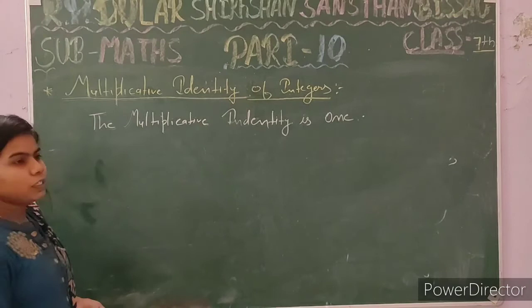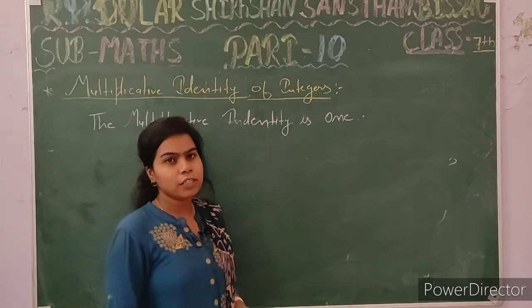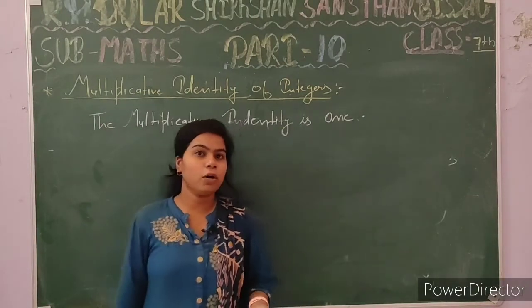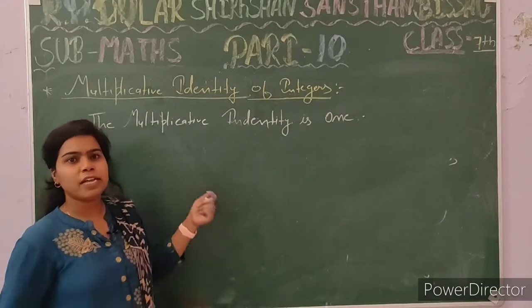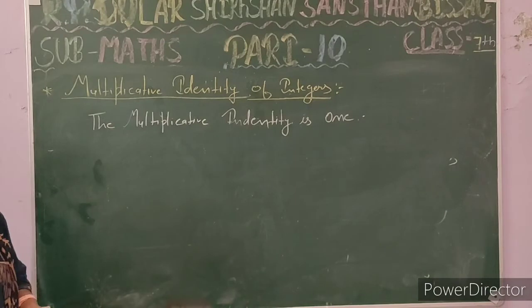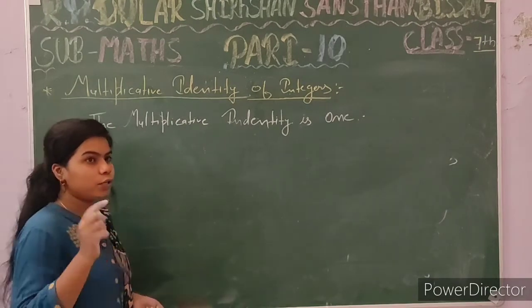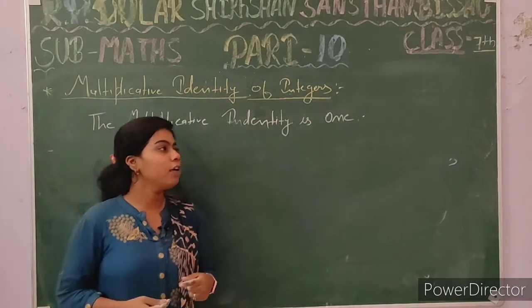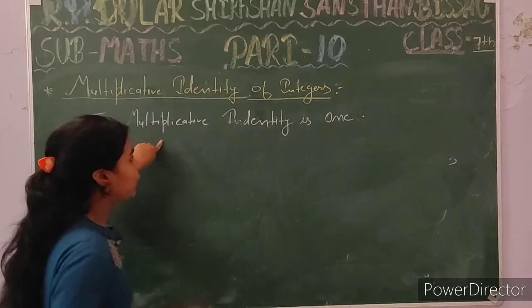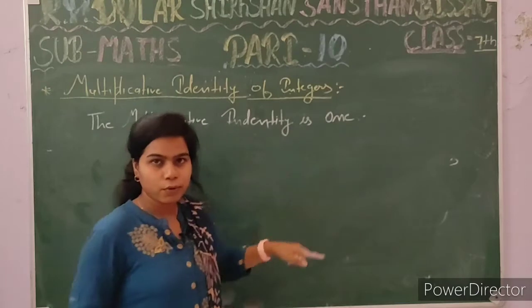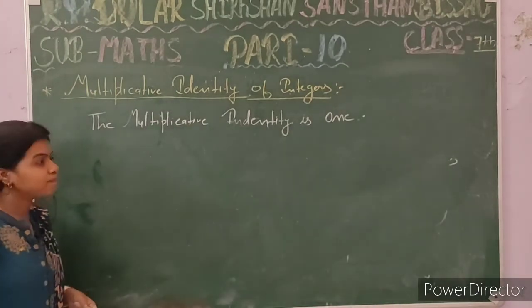Students, you remember that in the previous class I told you about the additive identity. What is the additive identity? I told you 0 is the additive identity. And in today's class I tell you that the multiplicative identity is 1. What is the difference between them?